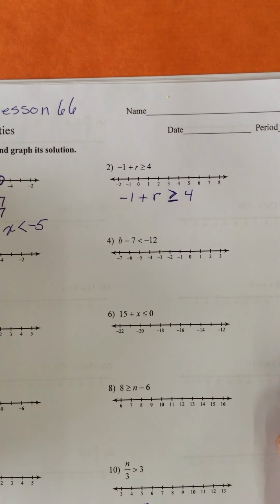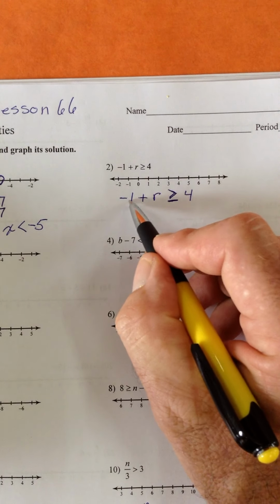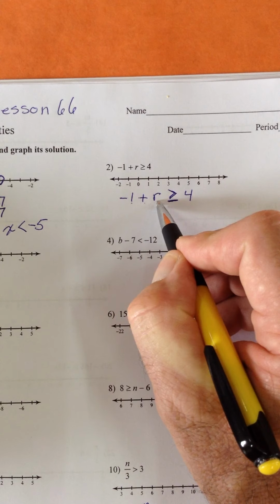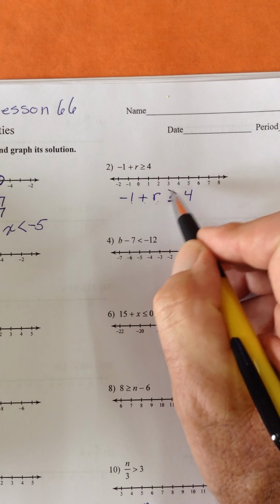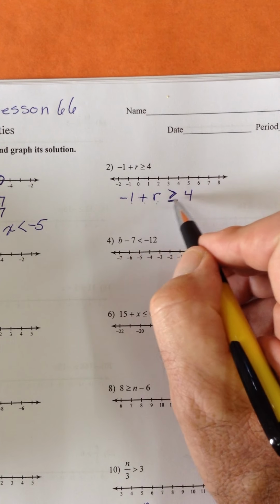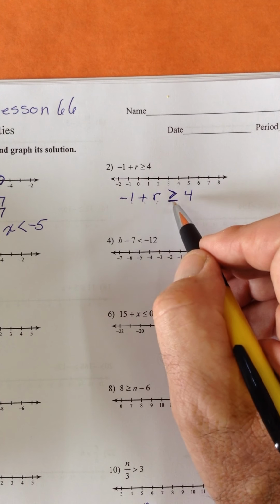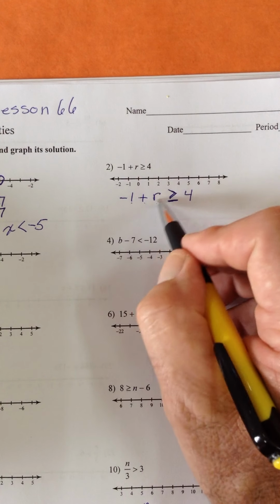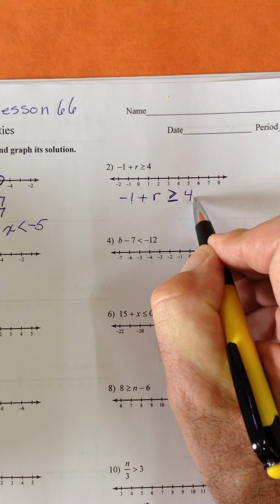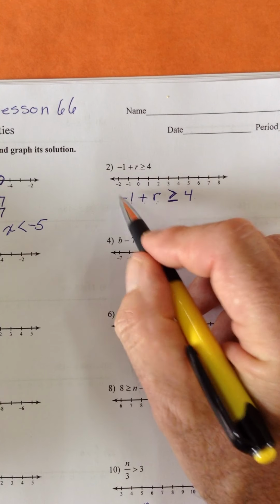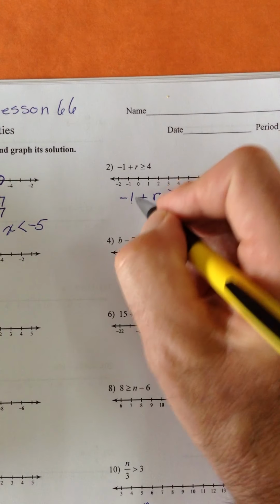Number 2, we're trying to find negative 1 plus some number is going to be greater than or equal to 4. So again, we're going to treat this like a regular equal sign, like we've been doing the other problems, and we're trying to isolate the missing number. So we want to move the negative 1 to this side. So again, the opposite of a negative 1 is a positive 1.